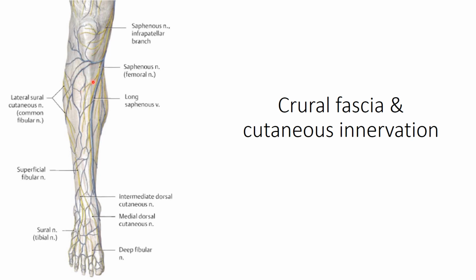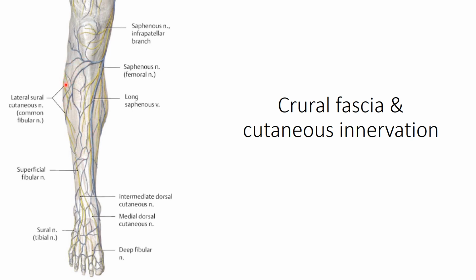Just on the medial side, the palpable subcutaneous surface, the shin of the tibia, its superior aspect just below the patella is supplied by the infrapatellar branch of the saphenous nerve, and below that the shin of the tibia is supplied by the saphenous nerve.